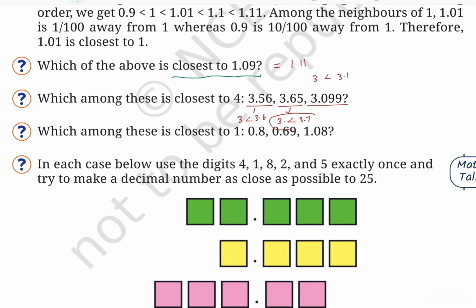So we can say that 3.65 is much closest to 4. So the answer is 3.65.